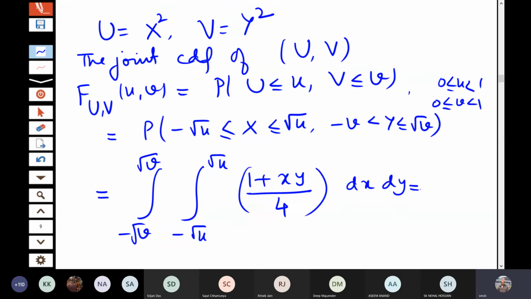You can just check it, it is nothing but root u into root v. So we have the joint CDF, and from here I can calculate the joint PDF by differentiating with respect to u and v respectively. Is this example clear?